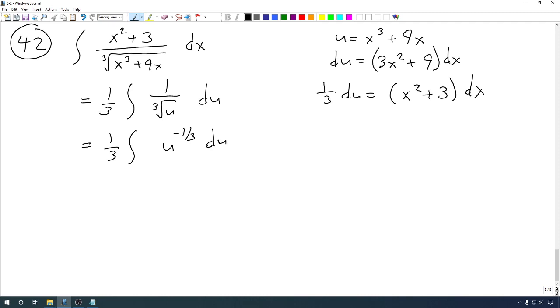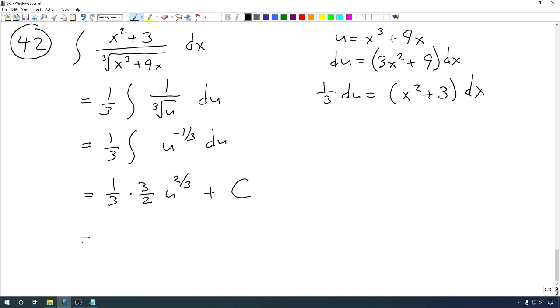And now we can use our general power rule, our power rule for integrals. The integral of u to the negative 1/3, we add 1 to that power, so negative 1/3 plus 1 is a positive 2/3. We need to divide by the new power. Divide by 2/3 means that we multiply by 3/2, and then we add in a plus c.